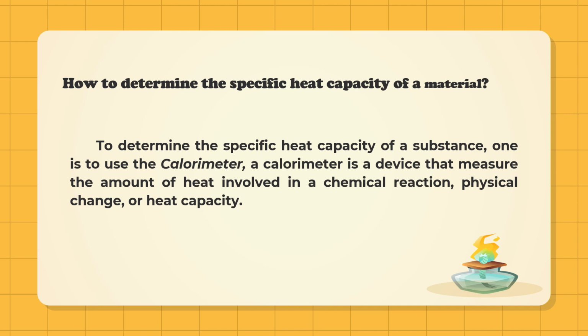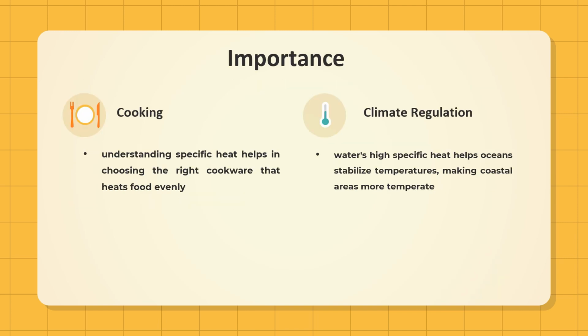The importance of specific heat. In cooking, understanding specific heat helps in choosing the right cookware that heats food evenly. In climate regulation, water's high specific heat helps oceans stabilize temperatures, making coastal areas more temperate.